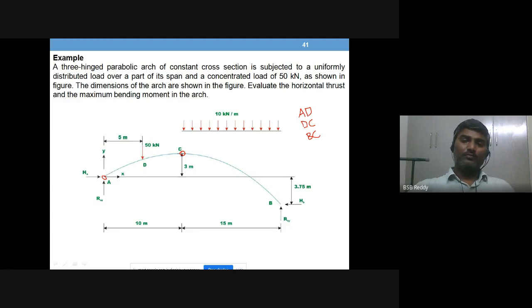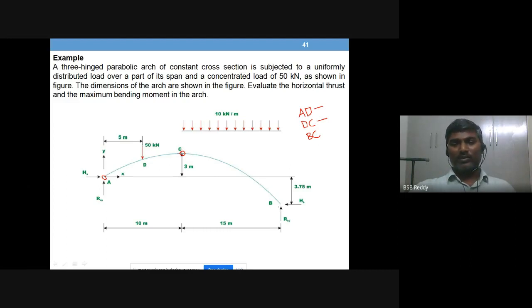The other region is BC. So you have a moment varying in the AD region, so you have a maximum or minimum value there. In portion CD, moment values vary and you can have either a maximum or minimum in this region also.